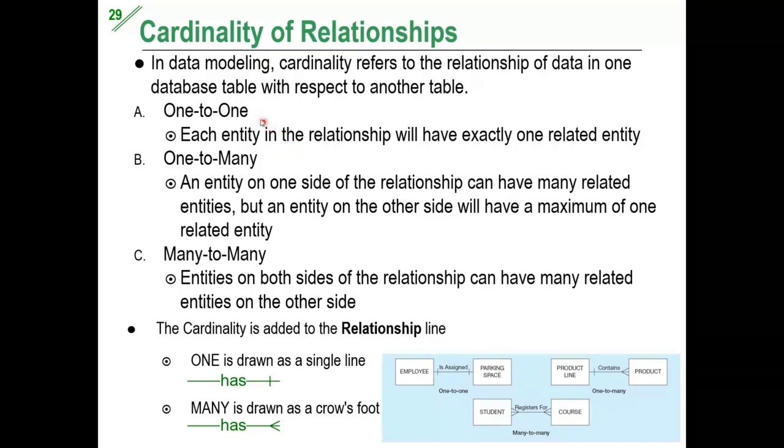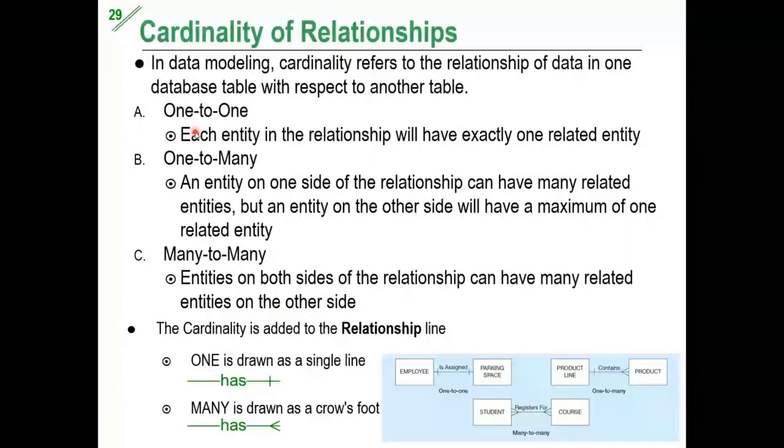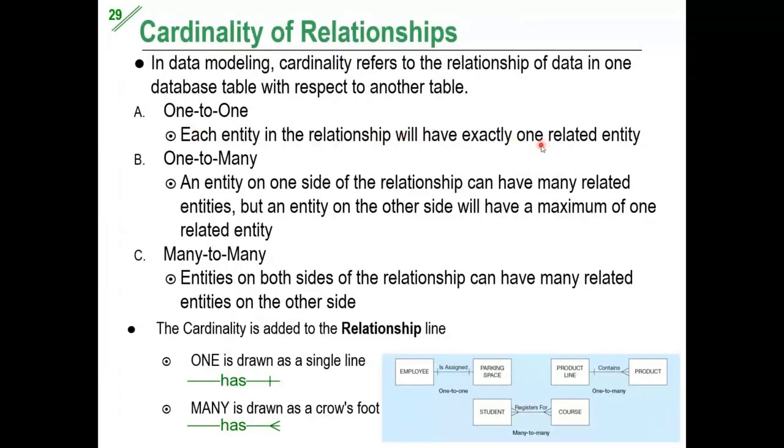The cardinality of the relationships between the objects can be grouped into three categories. We can have a one-to-one type of relationship, where each entity or object in our model is related to exactly one instance in the other entity.